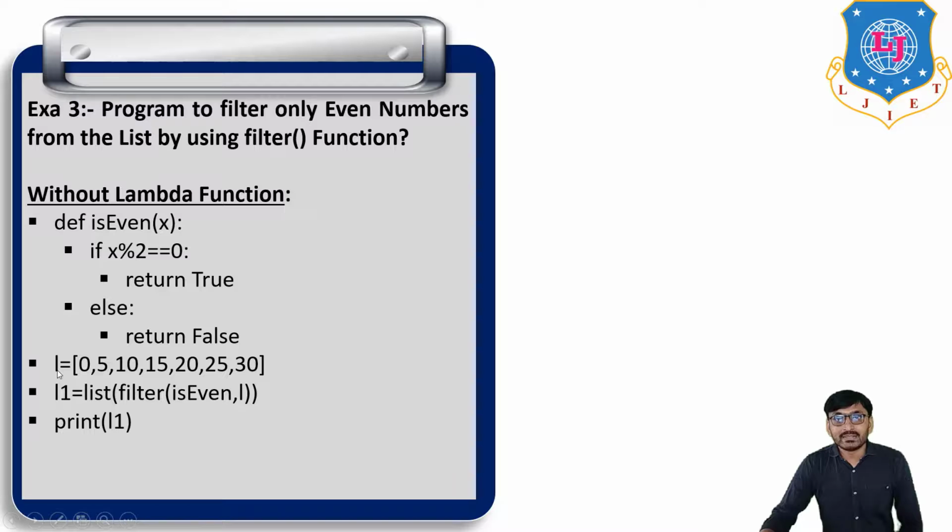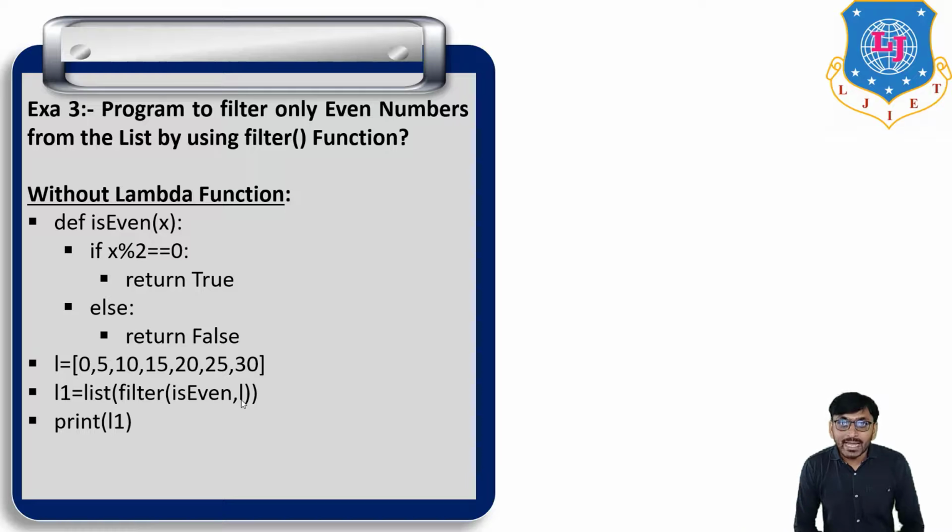Now L is a list which contains many elements. Then L1 is equal to list, and we use the filter method, and the function name is even. This is the function name, and the sequence is the list.